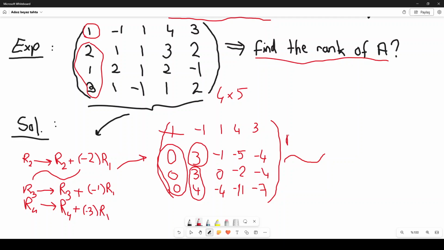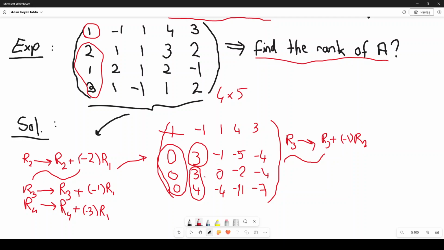I need to replace row 3 by row 3 plus minus 1 times row 2, right? Because if I multiply row 2 by minus 1, I get minus 3 right over here, and adding it to the third row, I eliminate 3, right?